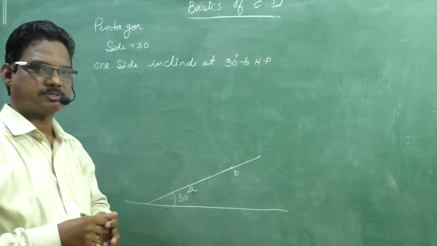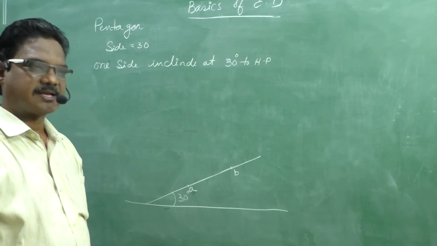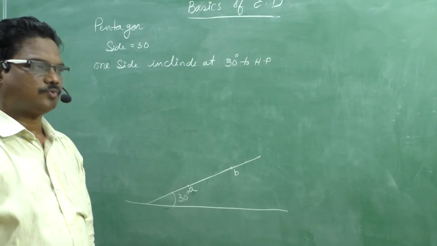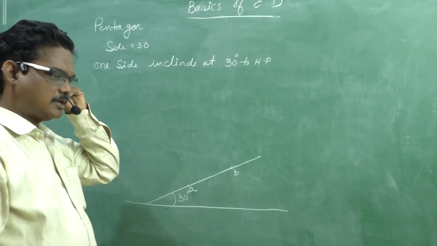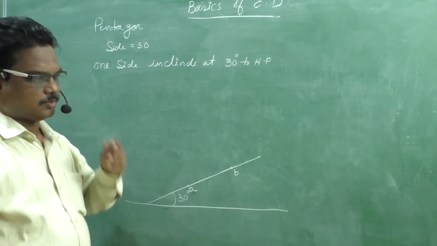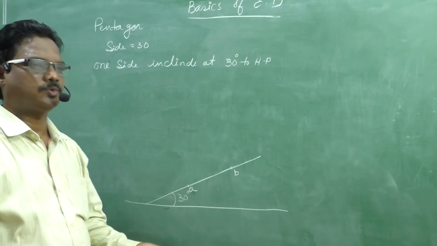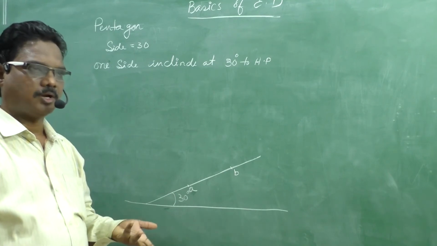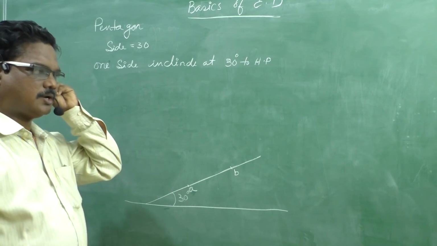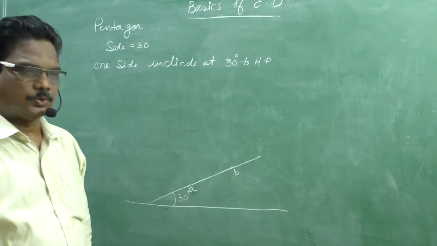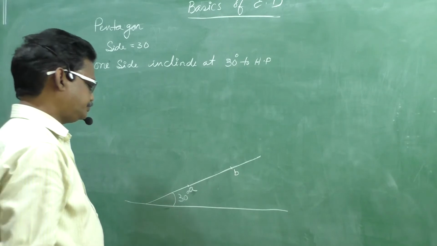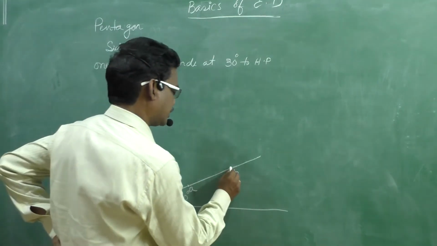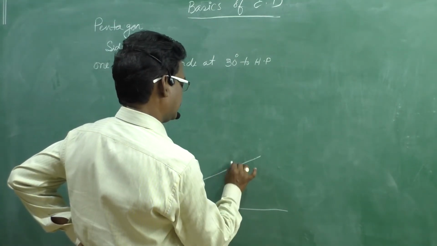A similar analysis you can do for the hexagon also. Suppose we go for the hexagon, the included angle is equal to 120. Similarly, if you want to draw any type of polygon, the same calculation you need to do, right? Now, here you need to consider 108 degrees.